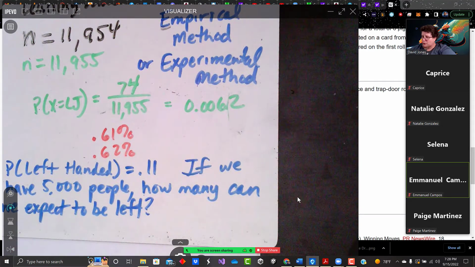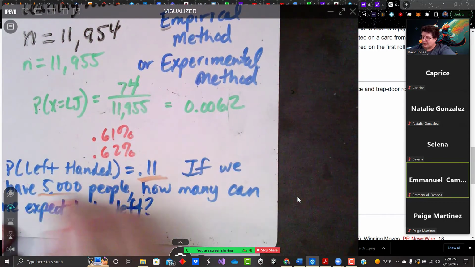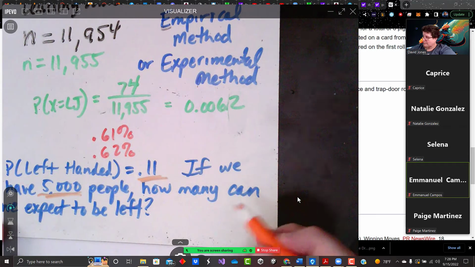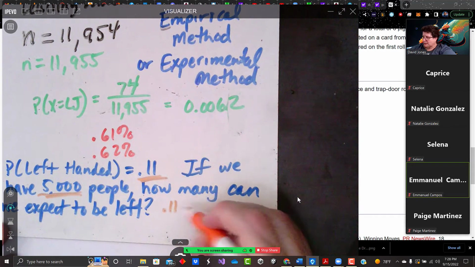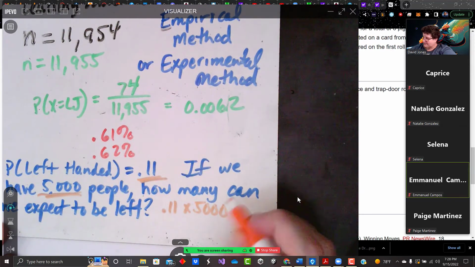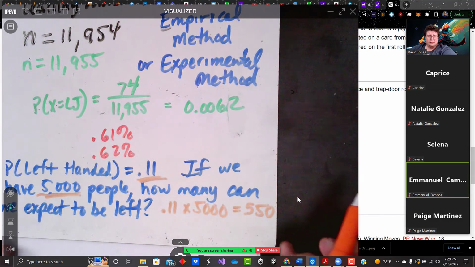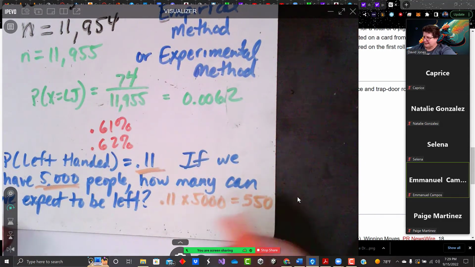And what you're going to do is the same thing I did here. Up above, I took the probability and multiplied it by the number of people. 0.11 times 5,000 is 550. And this is not an exact value.